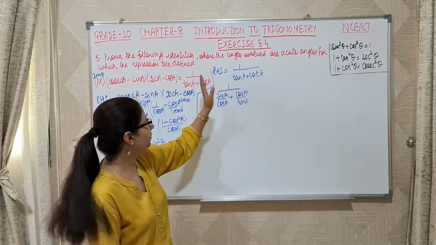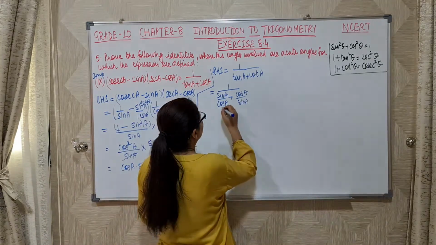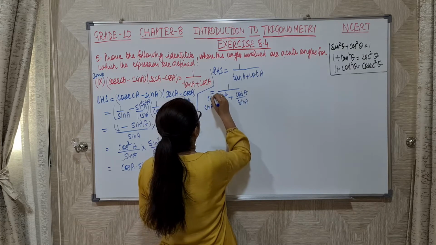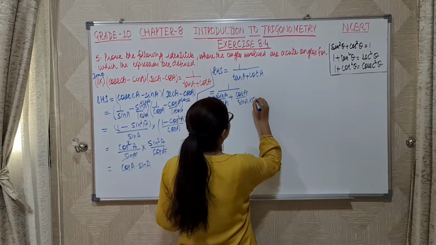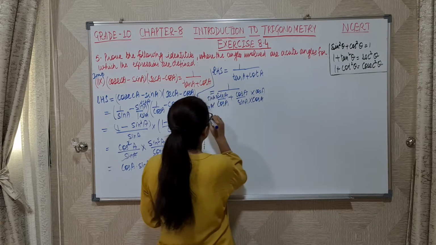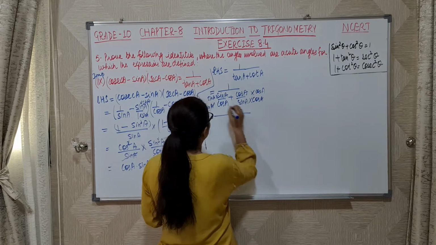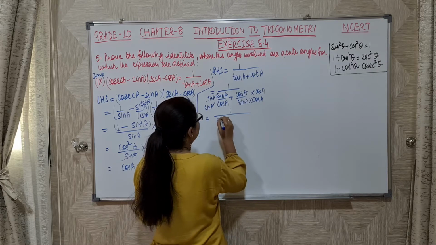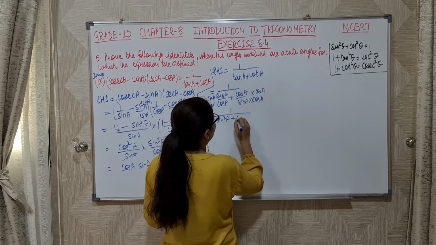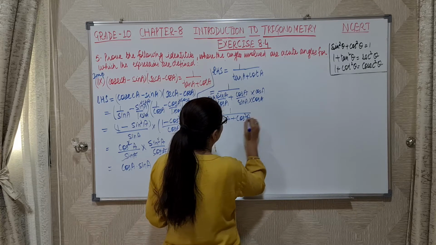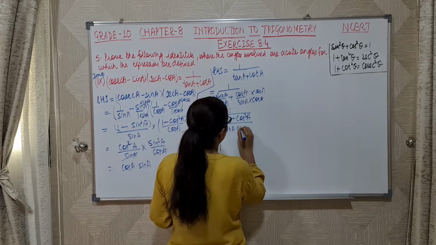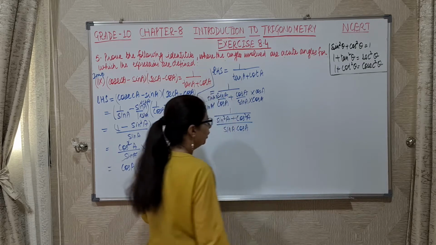Take LCM and multiply accordingly. So this term will be multiplied with sine A in both numerator and denominator, and this should be multiplied with cos A. So here it is 1 over sine A into sine A is sine square A, cos A into cos A is cos square A divided by sine A into cos A.